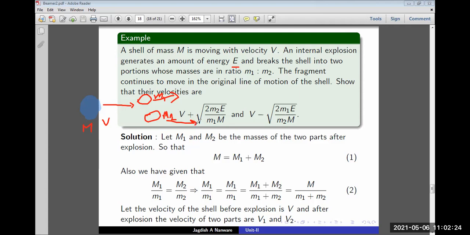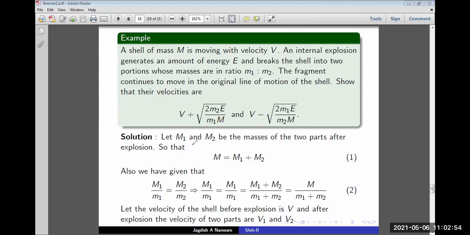Then we have to show the velocity of the first portion, you can take this as P1, and this is the velocity of the second portion. So this is what we are going to assume here and try to find the velocities. I hope you understand what kind of problem you are going to solve.